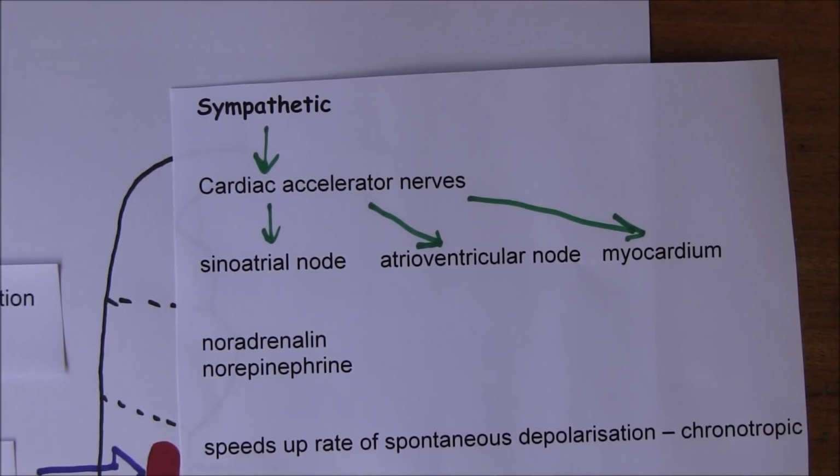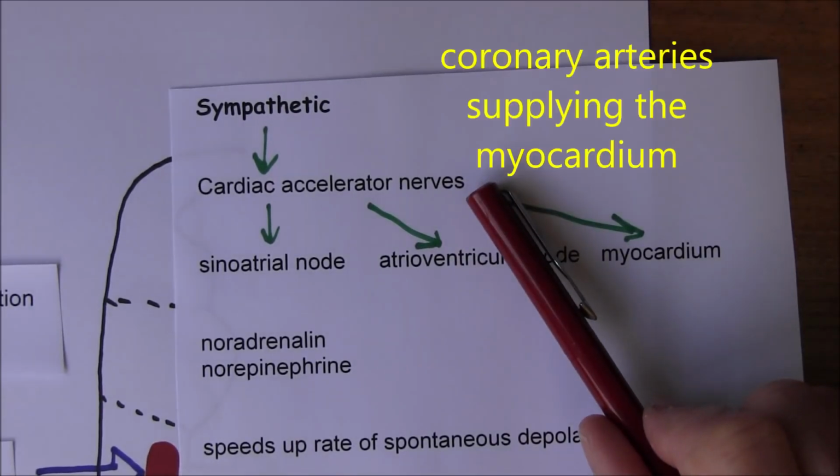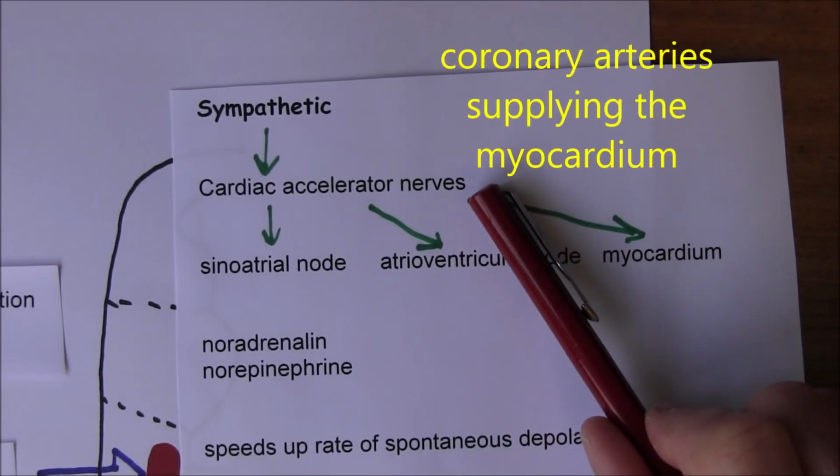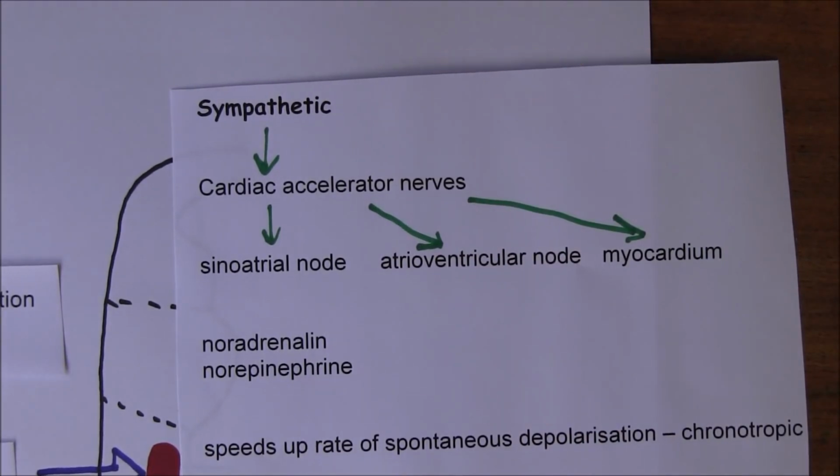And actually, I haven't put it here, but the cardiac accelerator nerves will also work on the coronary arteries. Now, the coronary arteries, you remember, are the arteries that supply the myocardium with blood.